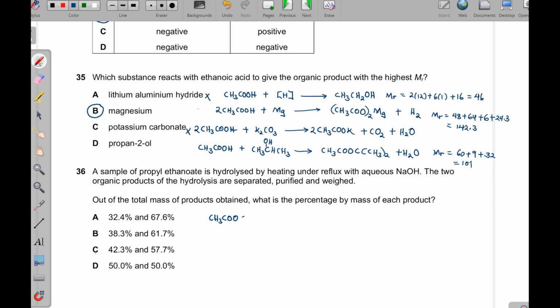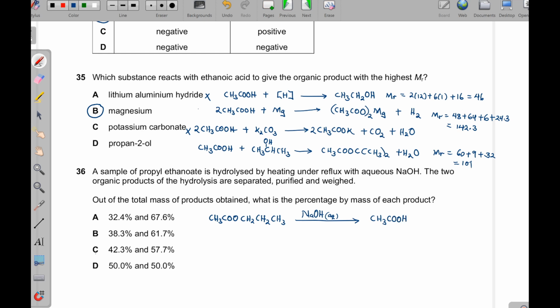So we have CH2, CH2. Let me use propan-1-ol, CH3. Then we hydrolyze using what? Sodium hydroxide in aqueous. So we are going to have CH3COO.